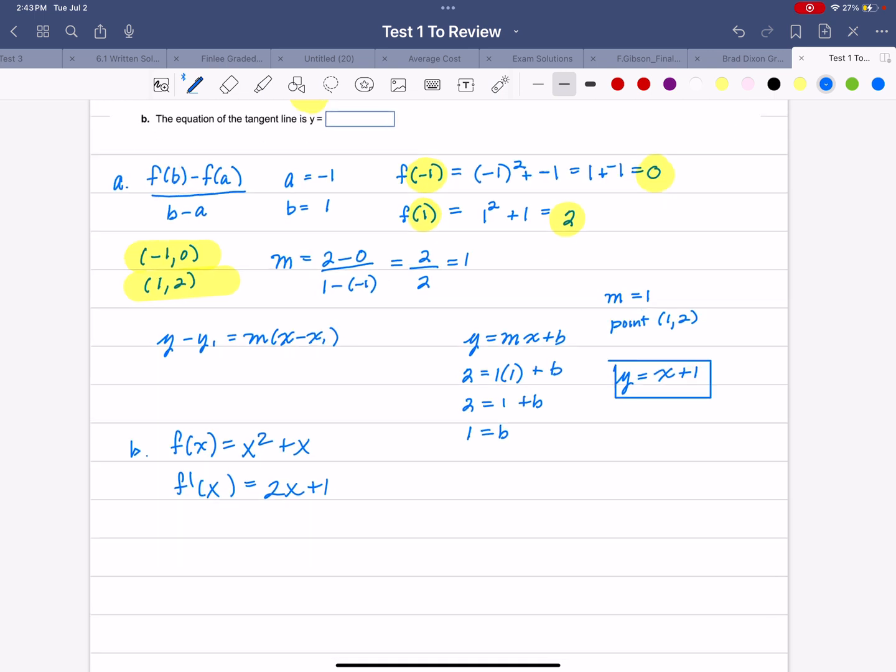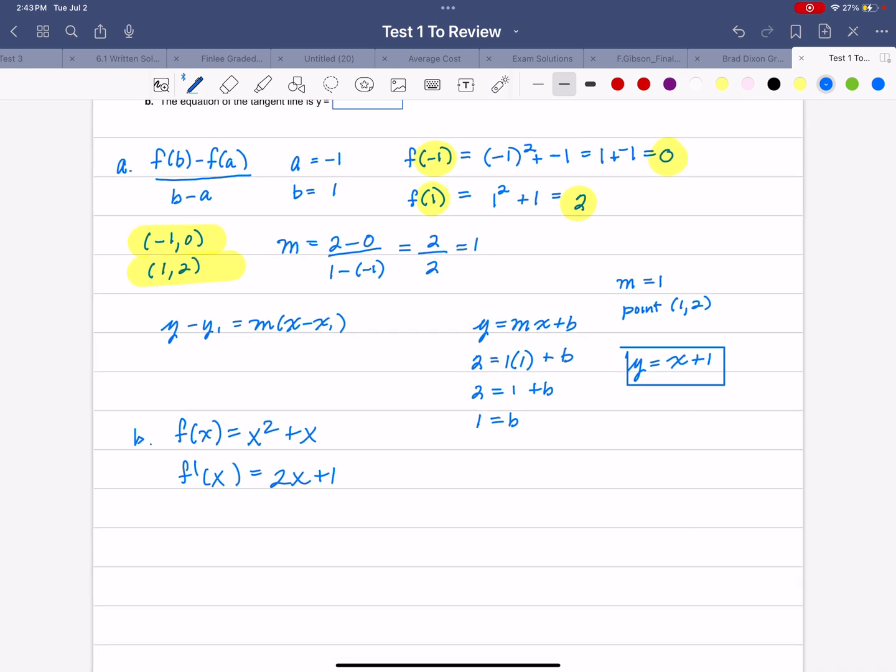No need to go through that long definition formula now that we know our shortcuts. So our f prime at the first value, which was -1, is 2 times -1 plus 1. That's -2 plus 1, which is -1. So my slope is -1.